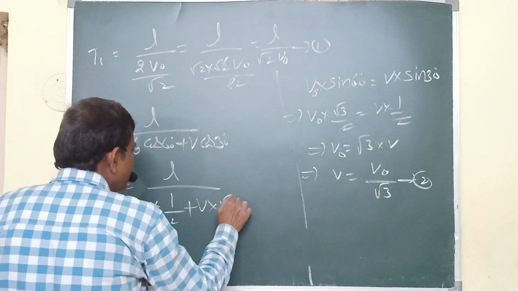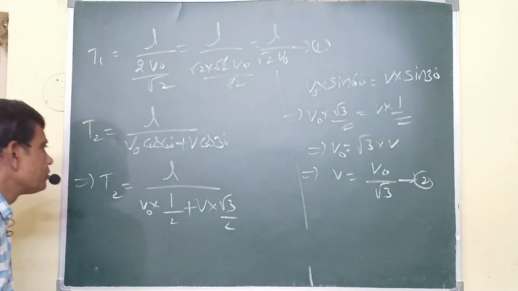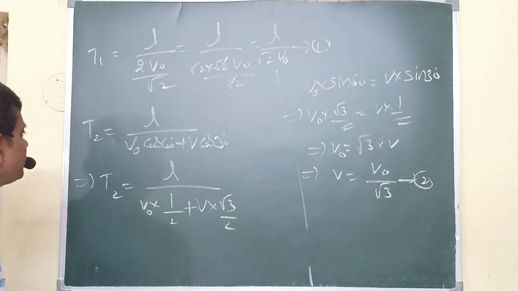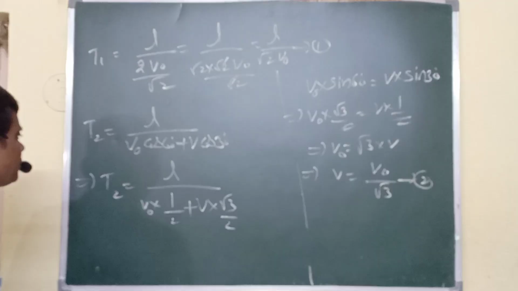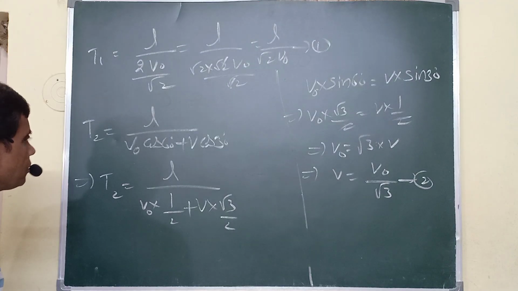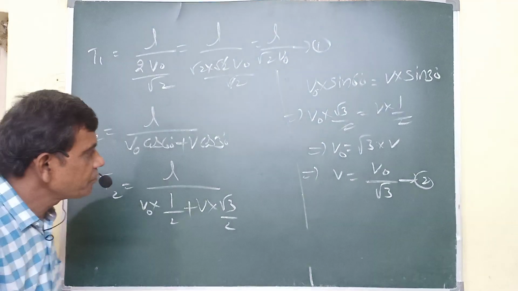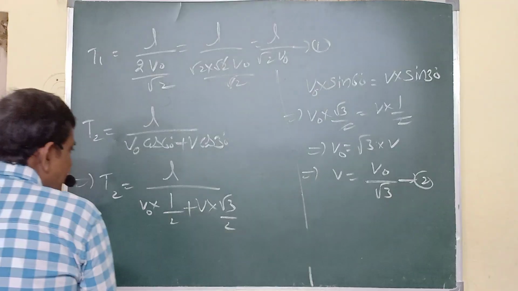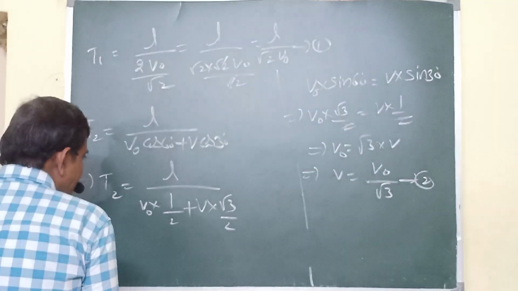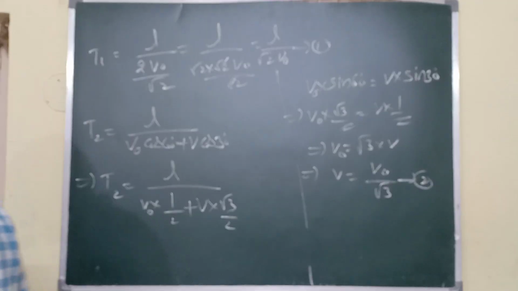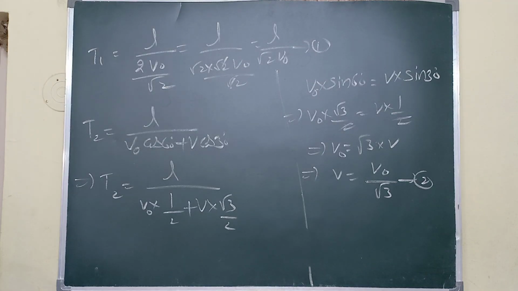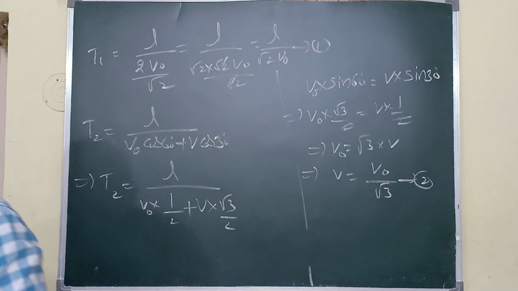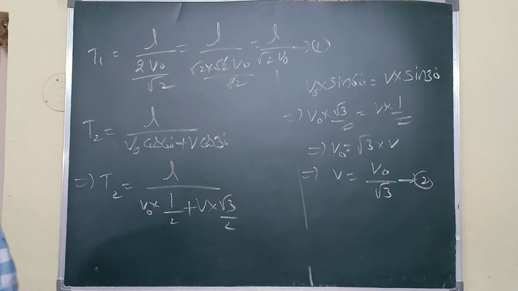Root 3 by 2. Now again you write the relation for V. Again you take this 1 by 2 common. After doing mathematics, we are getting T2.